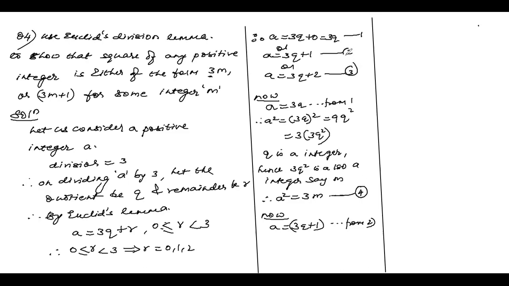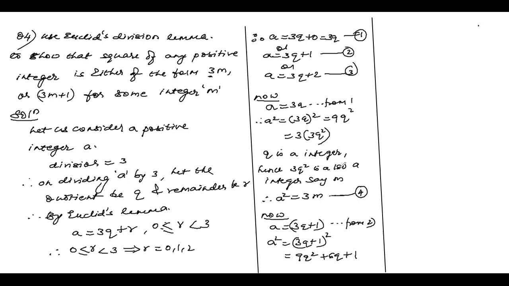Squaring both sides, A square equal 3Q plus 1 the whole square. Now a plus b the whole square is a square plus b square plus 2ab. 3Q the whole square is 9Q square. 2 into 3Q into 1 is 6Q plus 1.